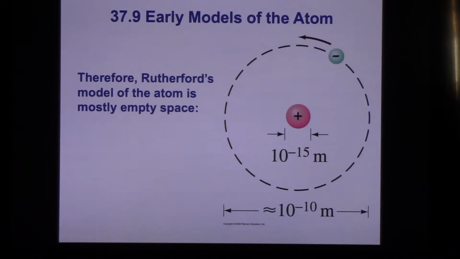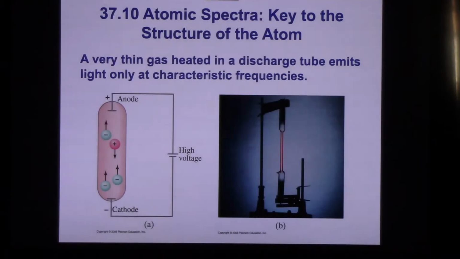If you make these gold sheets thin enough, you're not going to hit one of the gold nuclei. And running into the electrons is not going to cause an alpha particle to reflect back. It's not enough concentration of mass. So estimates were that this nucleus was in the size of femtometers, 10 to the minus 15 meters.